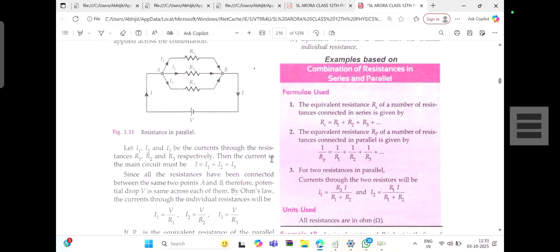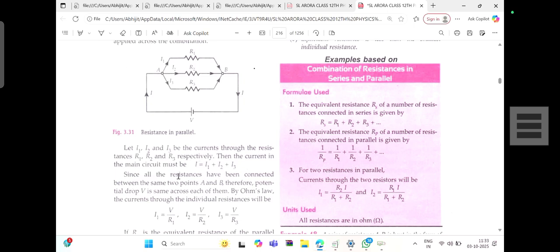Then the current in the main circuit must be I equals I1 plus I2 plus I3. That is the total current.